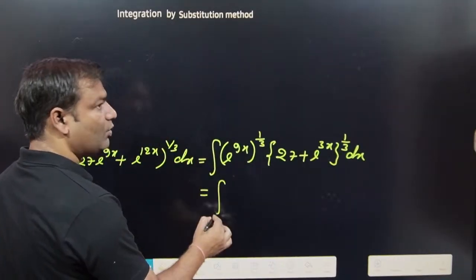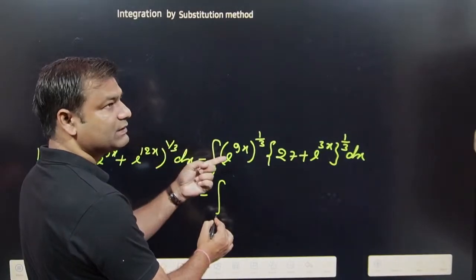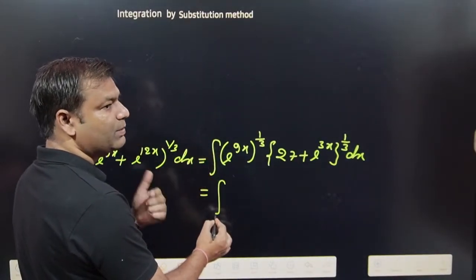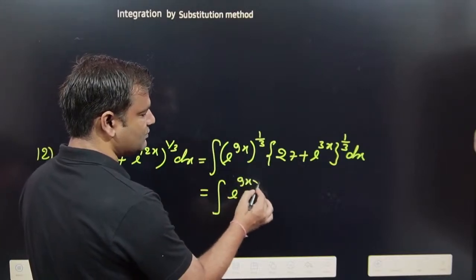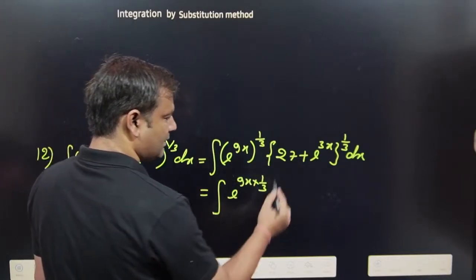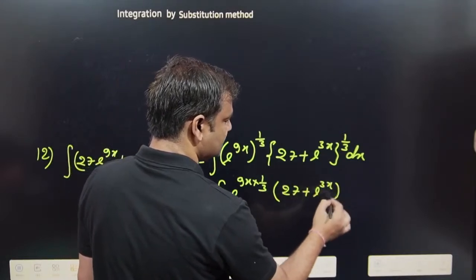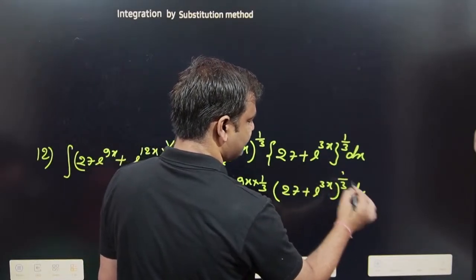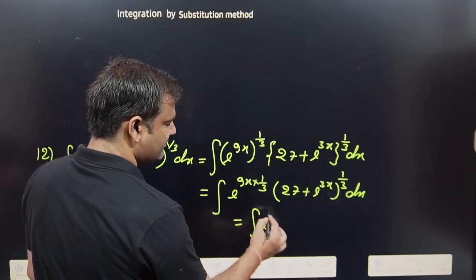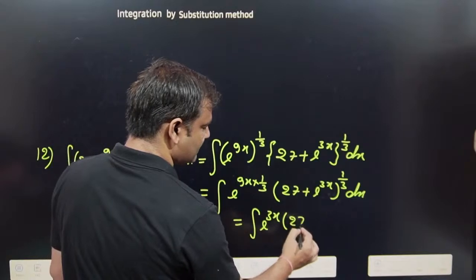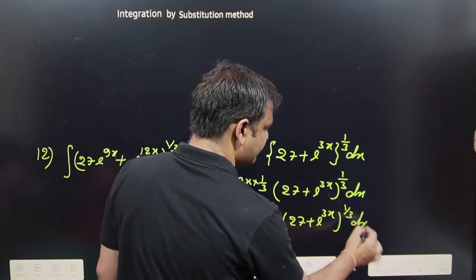Now what about the value e^(9x)? I know that (e^m)^n is written as e^(mn). So e^(9x) to the power 1/3 gives e^(3x). So that is written e^(3x) into (27 + e^(3x))^(1/3) dx.